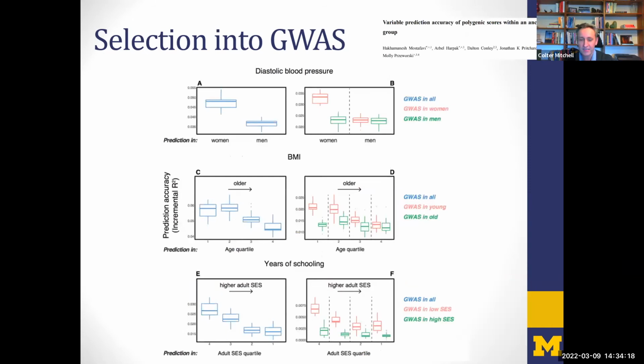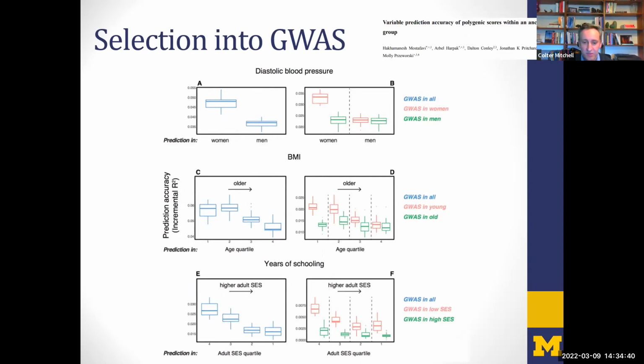But the reality is, and this is a great paper if you want to look at it, that's not just true about ancestry. That's actually true about men and women, and it's true about age, and it's true about SES. Essentially, there's just selection into who participates in GWAS, and that affects who it potentially represents the best.